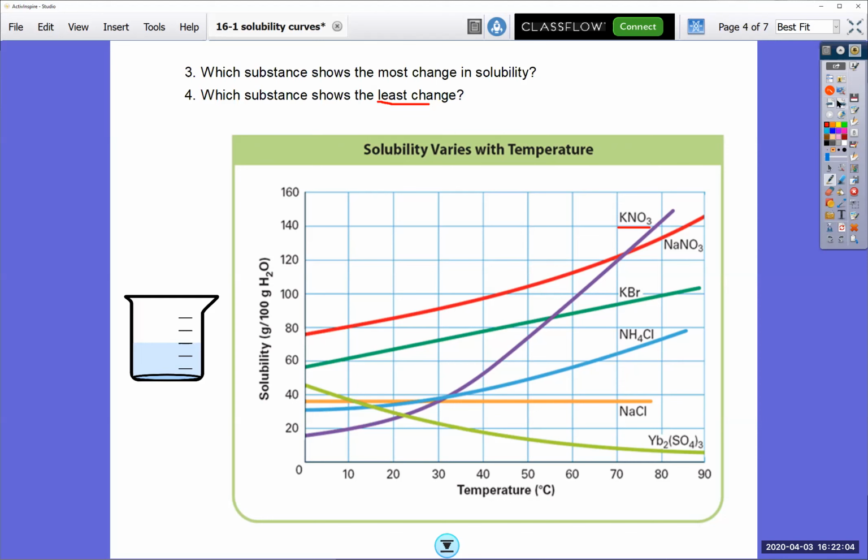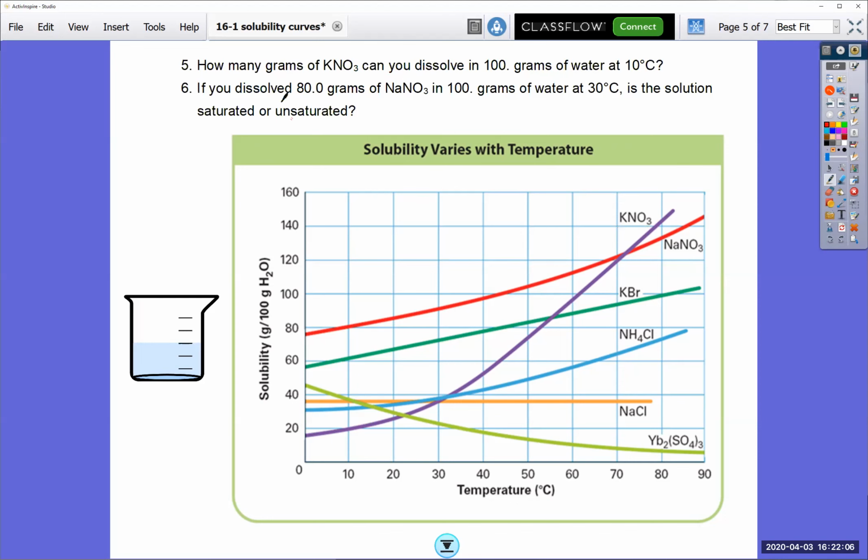All right, next question. How many grams of potassium nitrate can you dissolve in 100 grams of water at 10 degrees Celsius? I'm looking at a very specific temperature here, only at this vertical line. I'm looking at potassium nitrate, so the purple line, and the maximum I can dissolve is 20 grams of it.